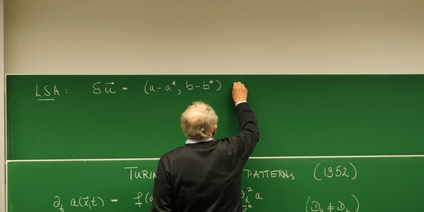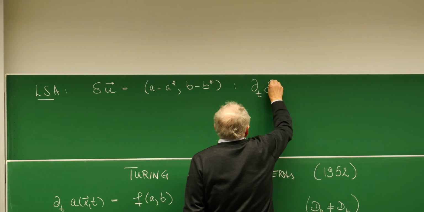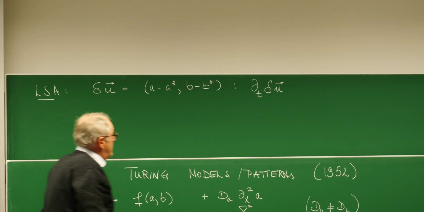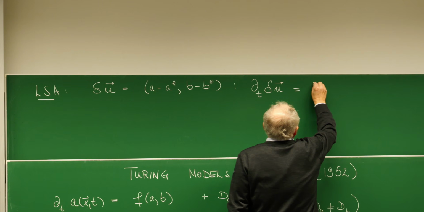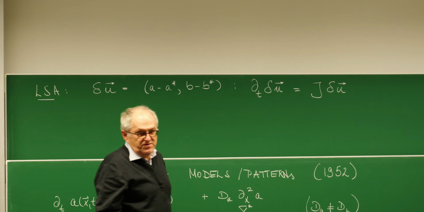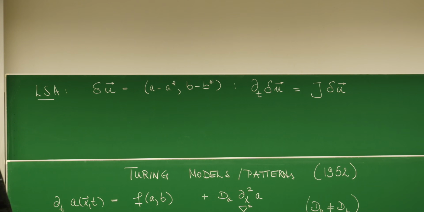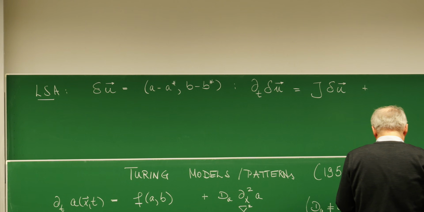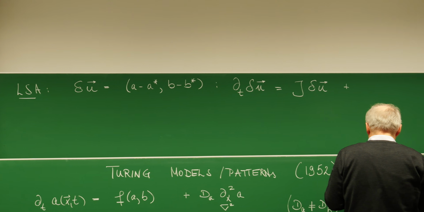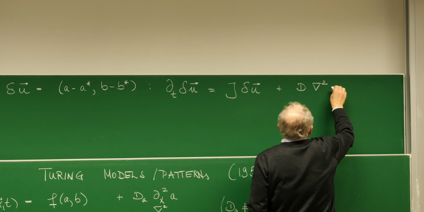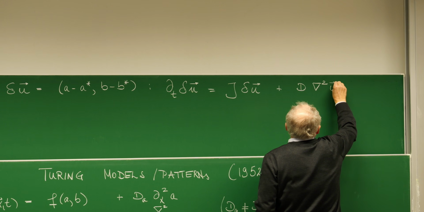And as I do so, let me write the equation of motion for those deviations. And that will then be the Jacobian times delta u. That's the one you get when you just do a homogeneous system with no spatial gradients. And you add to that plus diffusion, D times nabla squared of u.